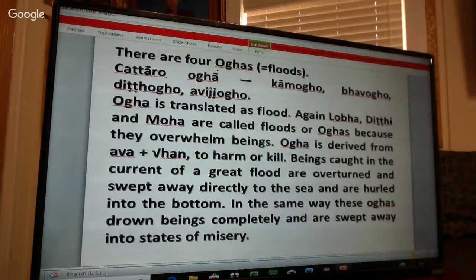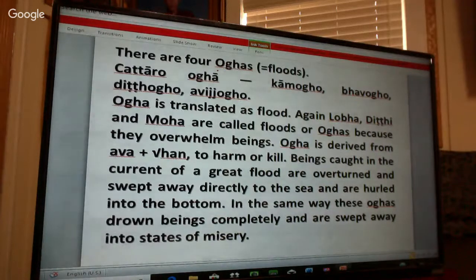The Oga and Asava are the same. So Kamoga and Kamasava are exactly the same. Some people, when you explain about Nama Rupa, don't understand. So Ayatana, or five Khandha, or eighteen Dhatu, in different ways.